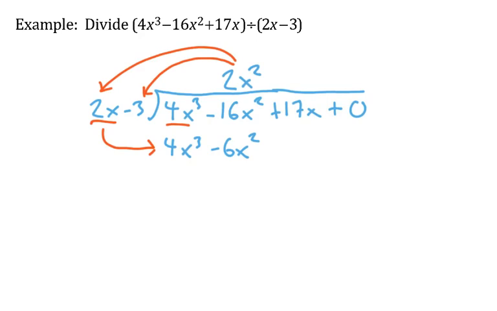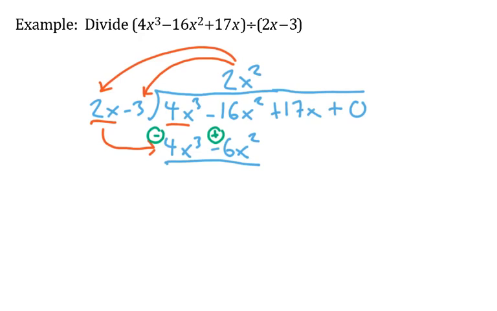Now what we do next is to see how close we are. We actually subtract the second line from the first line, and subtracting is a fine way to say that, but what actually turns out to be a little bit easier to say is that we change the signs and then we add. So in that second line, we change the positive 4x squared to negative and the negative 6x squared to positive.